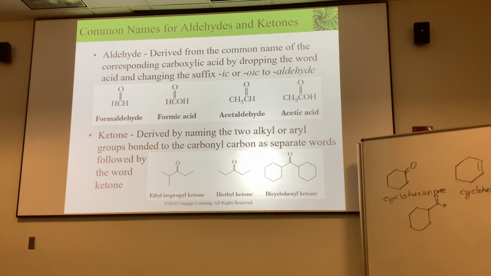This is not the way you're supposed to be naming ketones, but chemistry started before we had these nice, very specific naming systems where you can literally go to SciFinder and type in the name and it'll give you the structure. It's not always great about giving you a name from a structure.